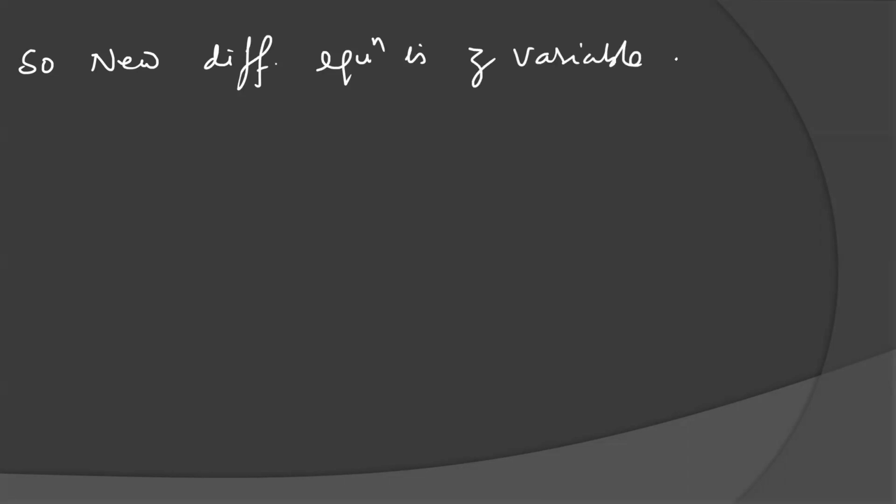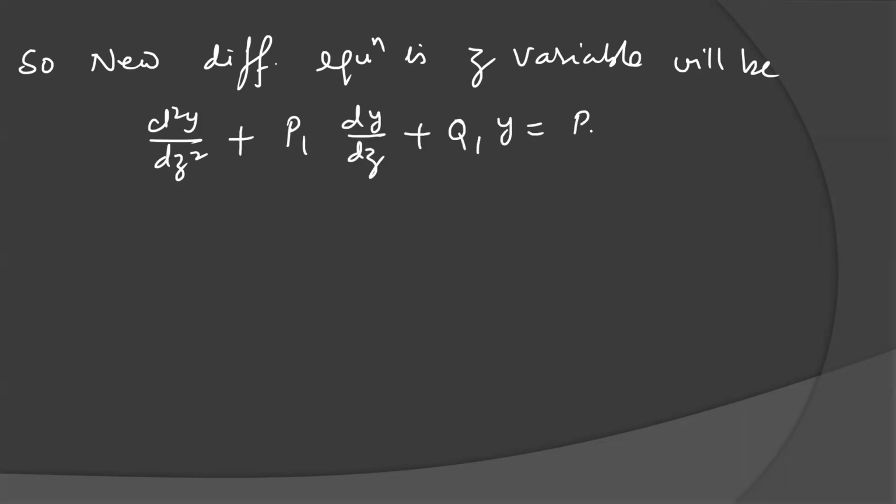So now the new differential equation in the z variable will look like d2y by dz2 plus P1 dy by dz plus Q1 y equals R1. Put these values here: d2y by dz2 plus 0 plus 1 times y equals 0.